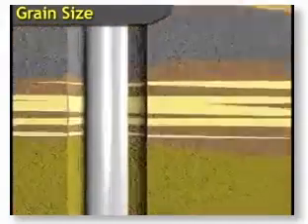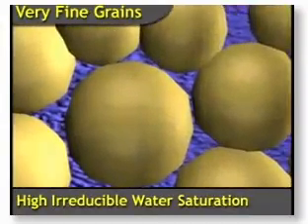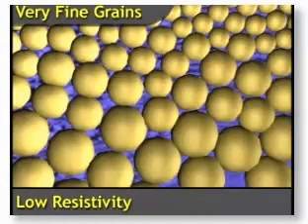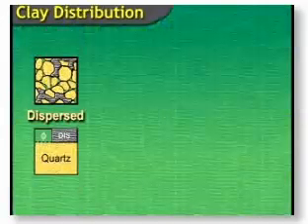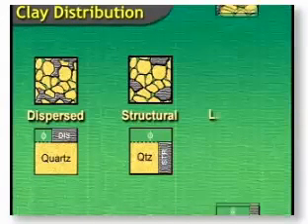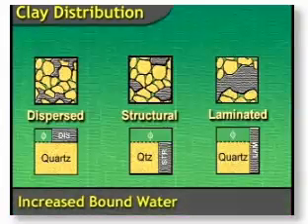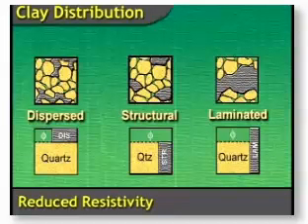Grain size. Very fine grains can lead to high irreducible water saturation and thus lower resistivity readings. Clay distribution. Classified as either dispersed, structural, or laminated. All are capable of holding non-producible bound water that will reduce the resistivity of the pay zone.